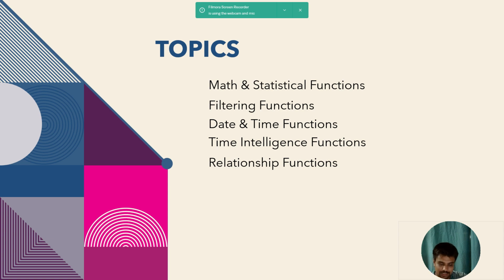All these things happen in the back end, but still you can't keep more than one active relationship between tables. In that case you can go for the relationship functions, where you can make multiple active relationships between two tables. We'll be discussing that in detail in the videos when we take up these particular functions.